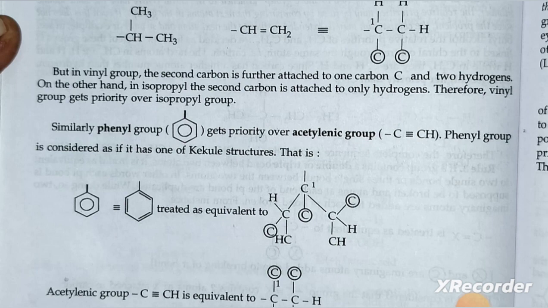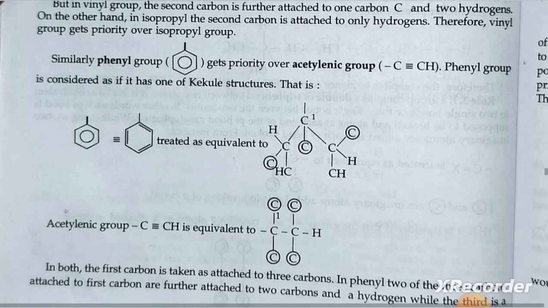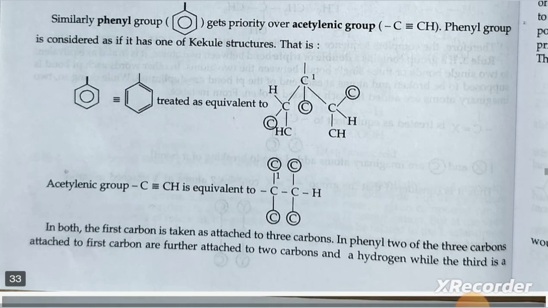The phenyl group is considered as if it has a Kekule structure, that is, benzene is treated as equivalent to the alternating double bond structure. The acetylenic group, single bond C triple bond CH, is equivalent to C attached with two imaginary carbon, then single bond C attached with two imaginary carbon, single bond hydrogen.